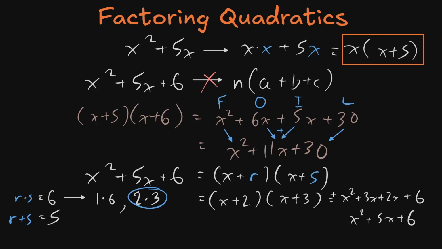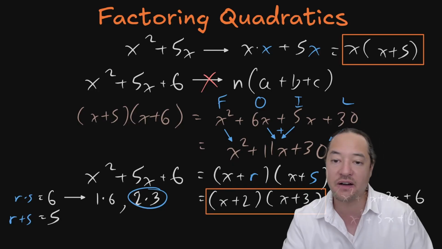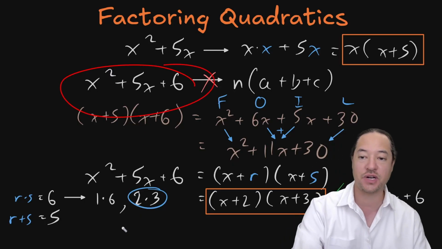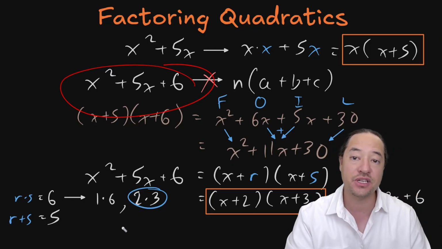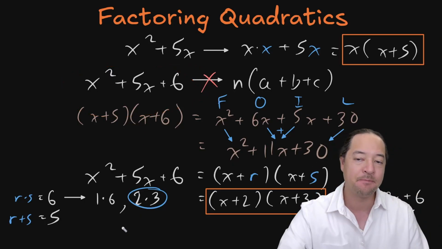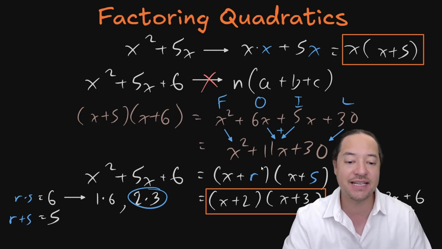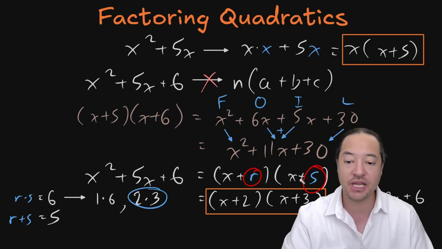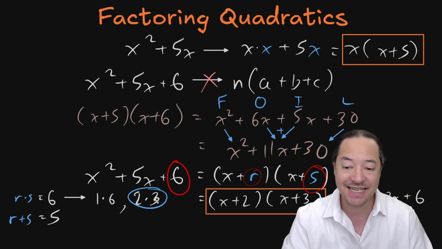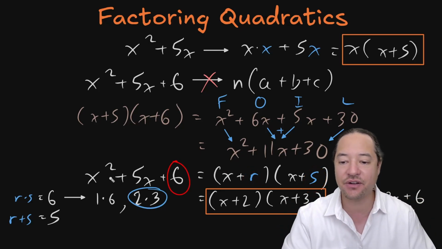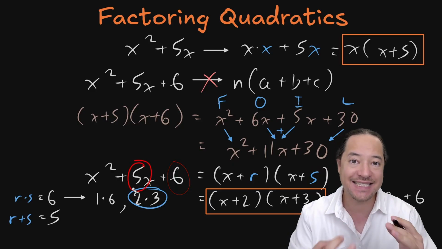This is actually what we get for the factored form of this original expression. We can factor it into two binomials. That is the key here. The process is to recognize that these two numbers multiply to form this 6, and add together to form this 5. That's the key to solving this.